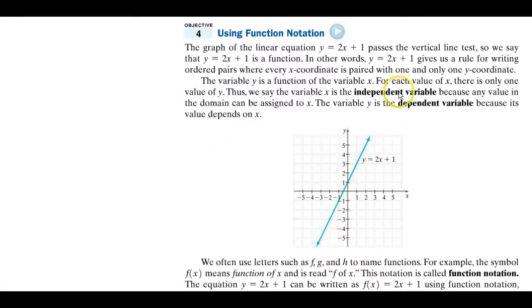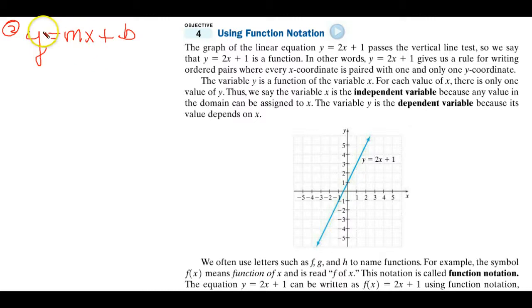Well, when we are writing function notation, we can start with, let's say, y equals mx plus b. This was formula 2. And this y equals this in slope-intercept form.